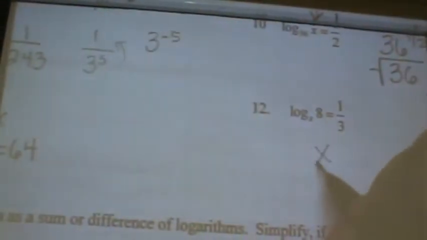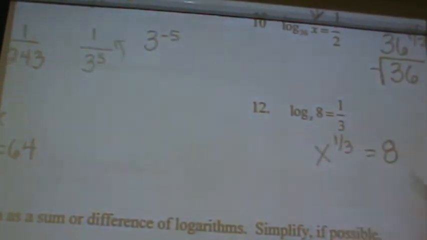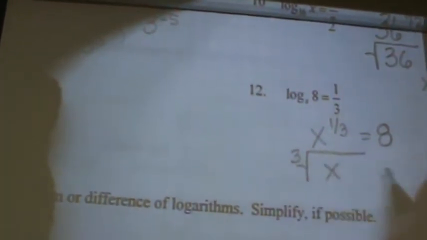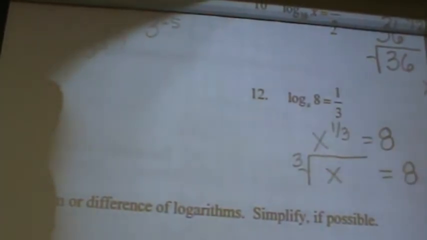Okay, how about the next one? What number to the 3rd power is 8? So, come on, you guys, you can do this. The cube root of what is 8? 2.